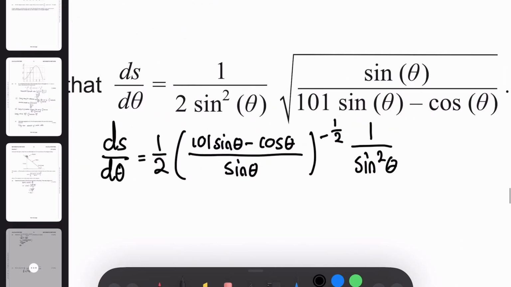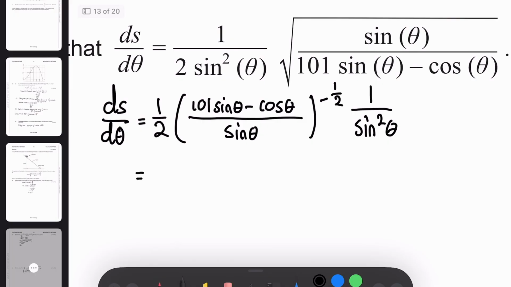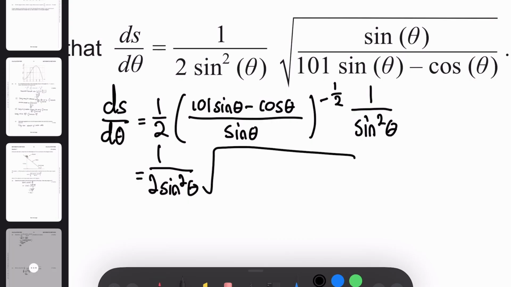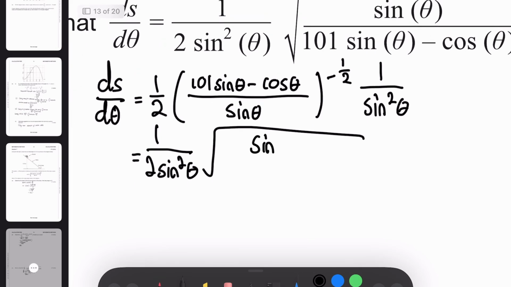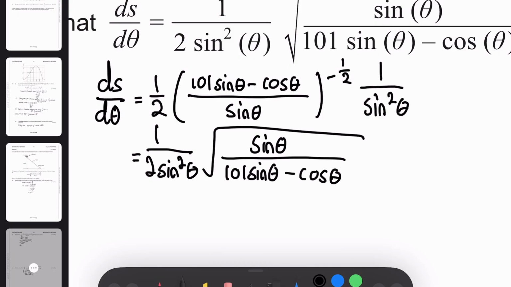So then we can simplify this here. So we're going to have 1 on 2 sine squared of theta, and then we're going to have the square root of the inverse of the inside. So it's going to be sine of theta all over 101 sine of theta minus cosine of theta.